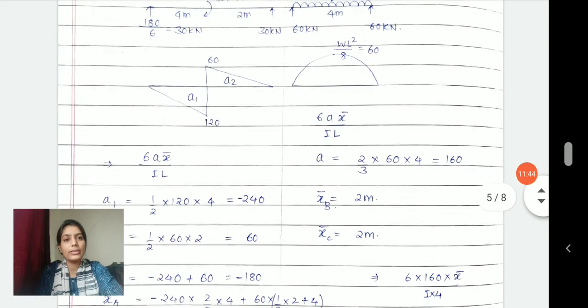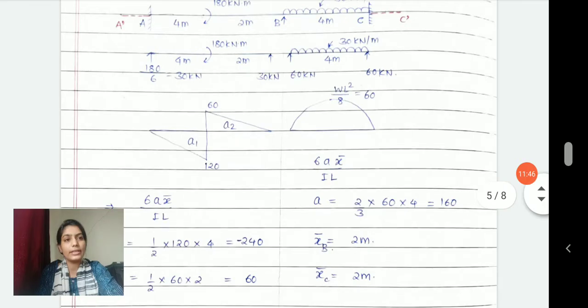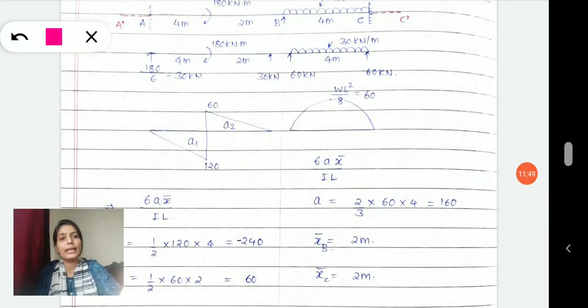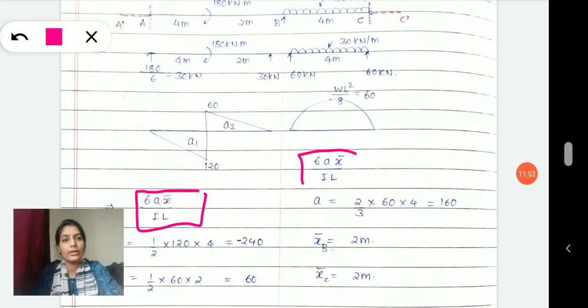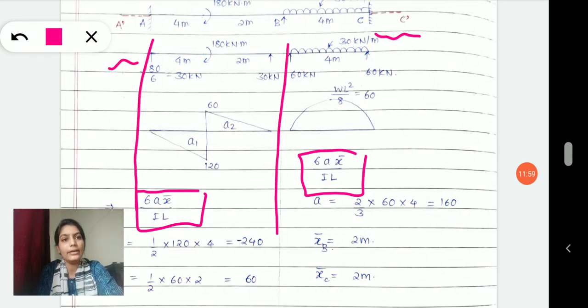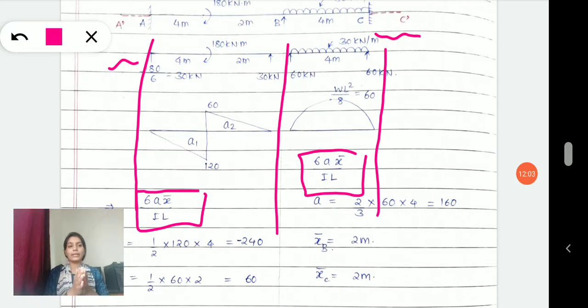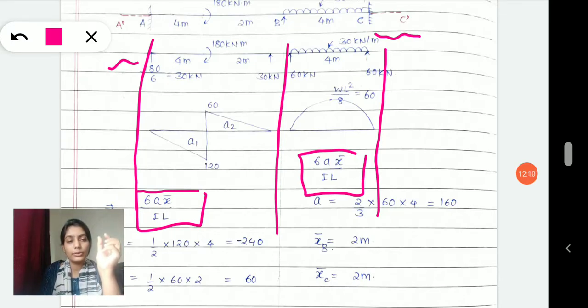But you must be wondering, if I have taken the bending moment diagram and the 6AX calculation, why have I not done anything for this dummy load? You have to understand that the dummy load is not actually a part of my system, so you should not do the analysis for it, because we have assumed it is not there. Okay.